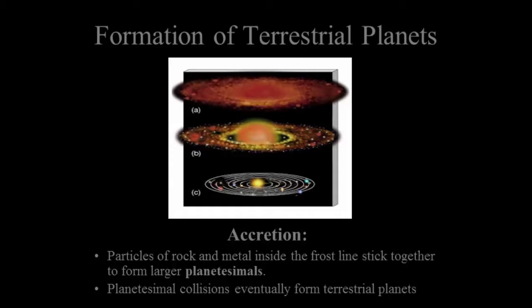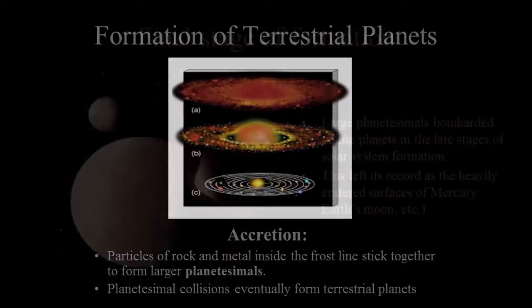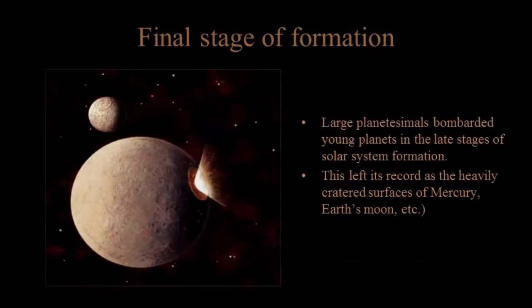And as our young planets essentially have the remaining planetesimals strike them, this is really the final stage of the formation of planets. Large planetesimals bombarding these young planets. What do we end up really seeing there? Well, we end up seeing huge craters left on the planets. So really we would expect all of the planets to have started out with a heavily cratered surface.